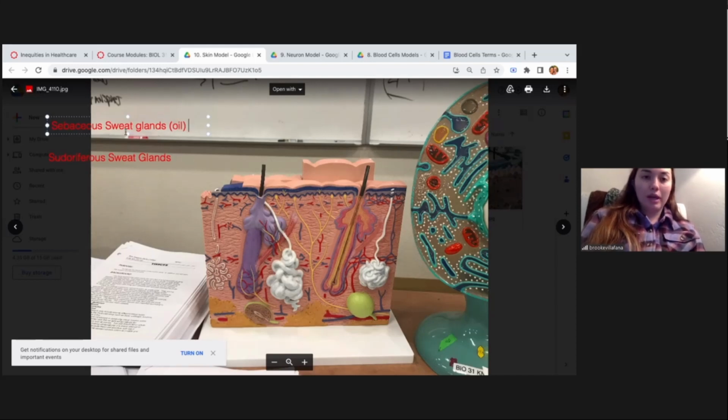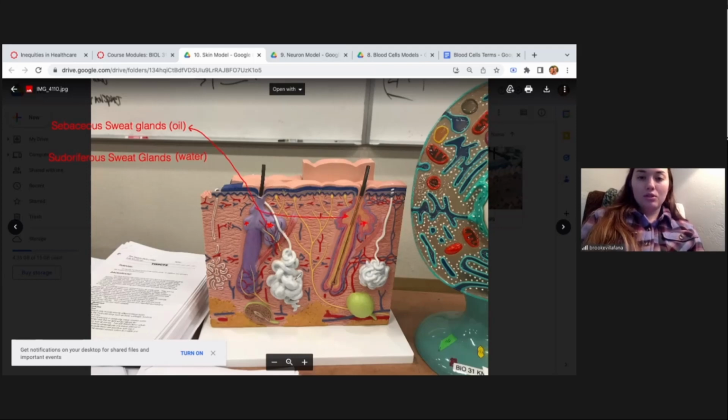There's a little bit of lecture, but this is something you need to identify on the model. So the sebaceous is going to be this purple, bulby thing that's hanging off of the hair follicle. That's your sebaceous gland for oil. This would be the inside of one, right?